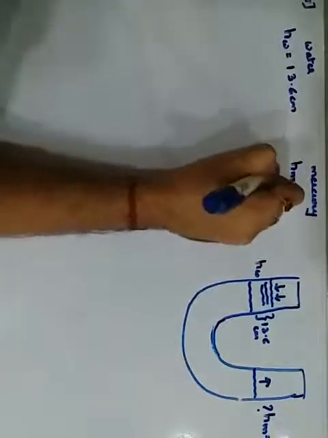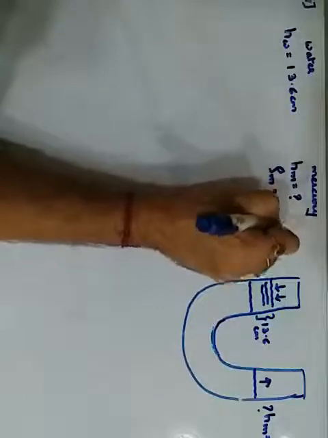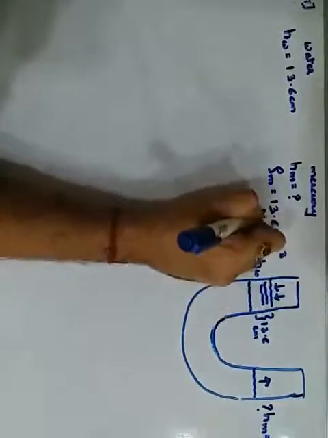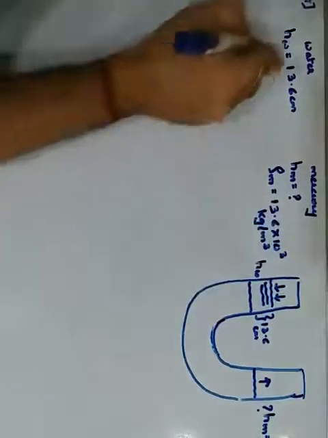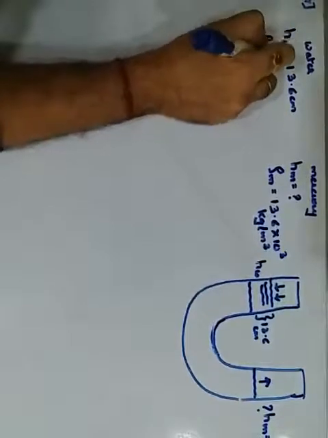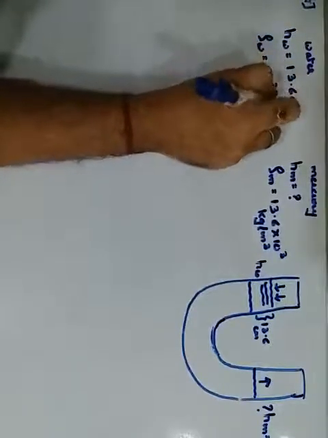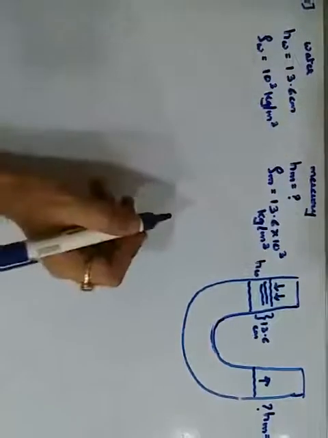The density of mercury, rho of mercury, is 13.6 into 10 raised to 3 kg per meter cube, and the density of water is 10 raised to 3 kilogram per meter cube. Gravity is going to remain the same on both sides.